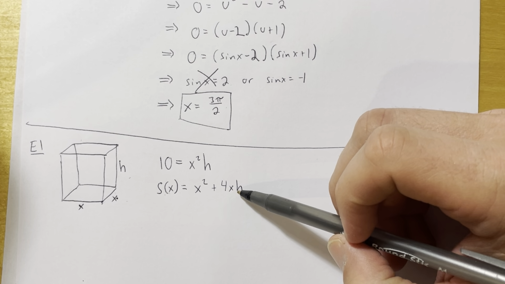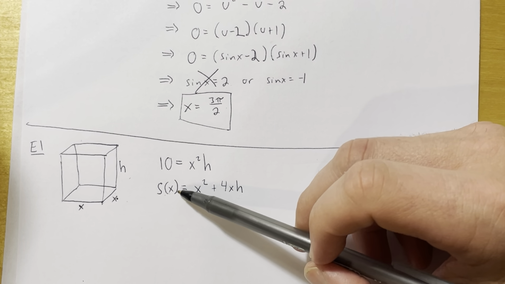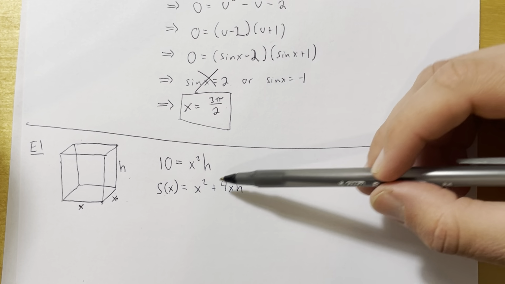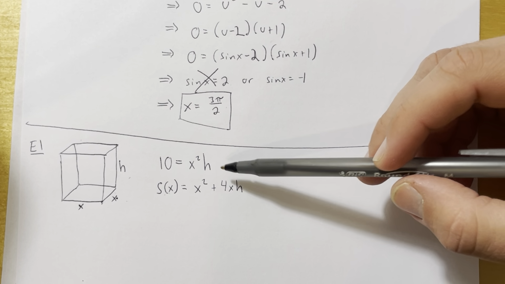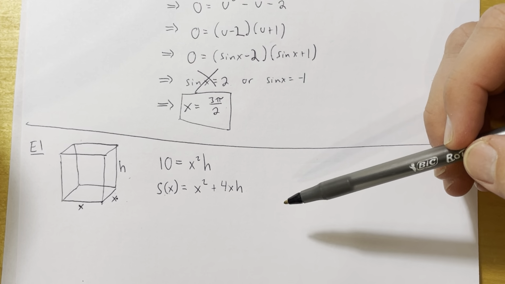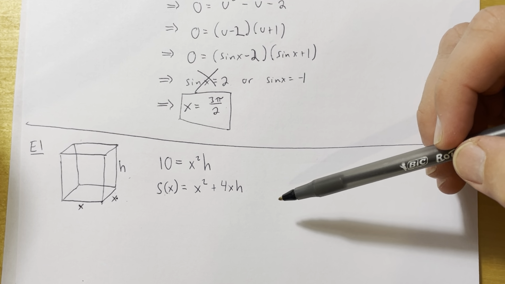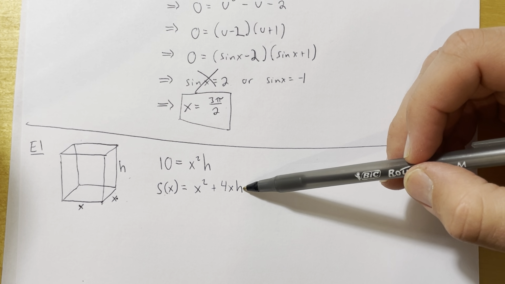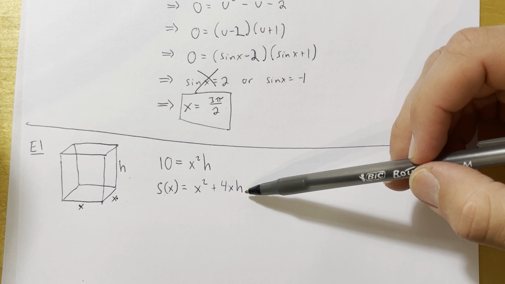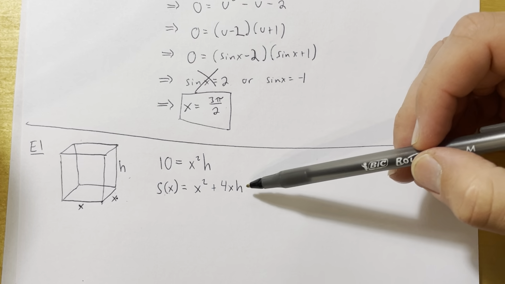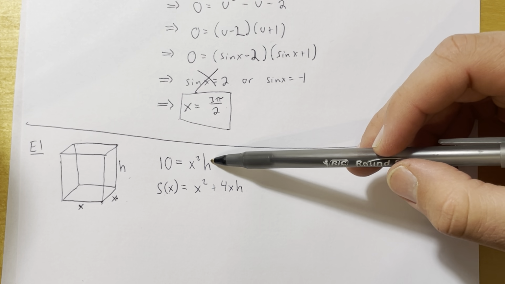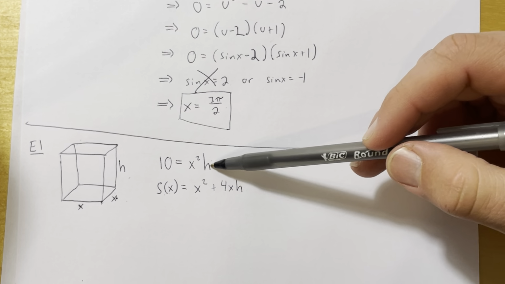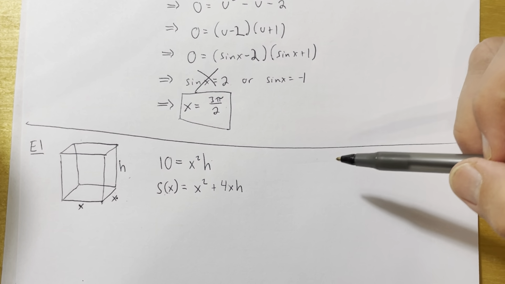Okay? Now, it looks like I've answered my question because I found a function s of x. But I haven't actually answered it yet because s of x means we should be looking at a function of one variable, a function of x. And over here, I'm seeing two variables. I'm seeing x's, but I'm also seeing an h. So the key in problems like this is to find a way to eliminate any extra variables in that function, h in this case. And in order to do that, we use this previous information that we've been given. We called this thing a constraint. So how do I use this constraint?